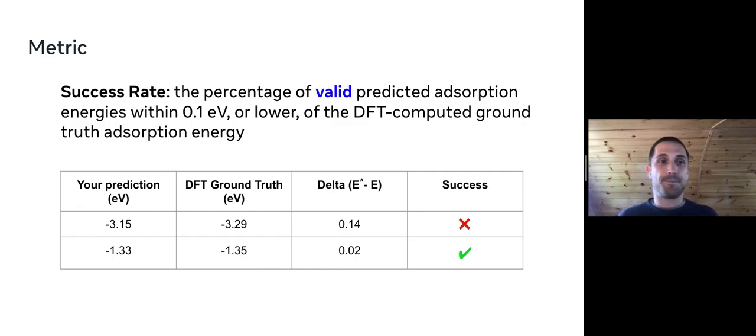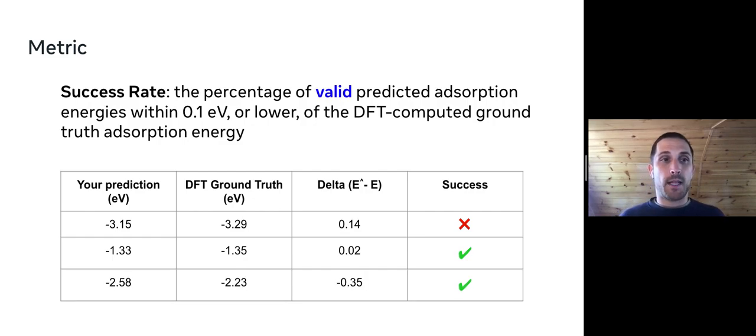In another example, your prediction is minus 1.33. The DFT ground truth is minus 1.35. And in this case, the delta is 0.02, which is within the threshold and is considered a success. Now, if the delta ended up being 0.03 or 0.04, it's still considered a success.